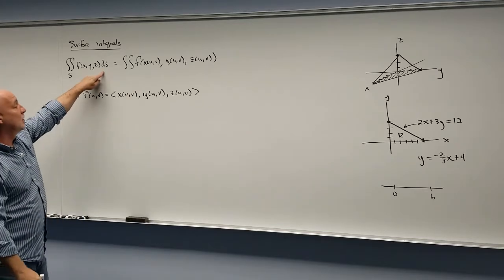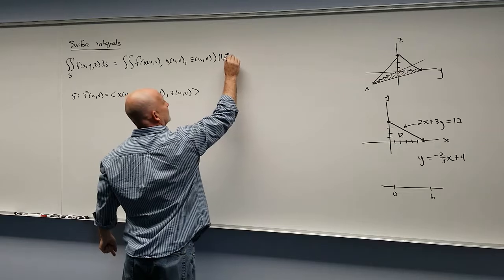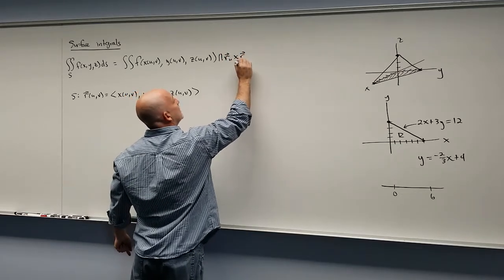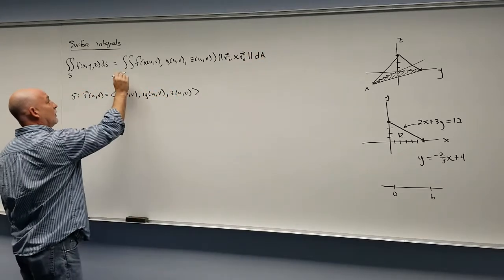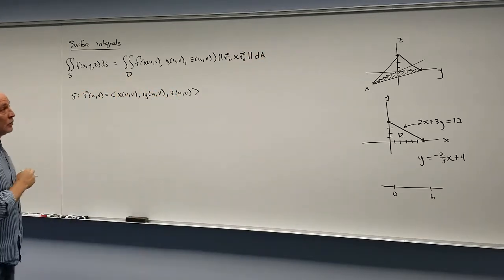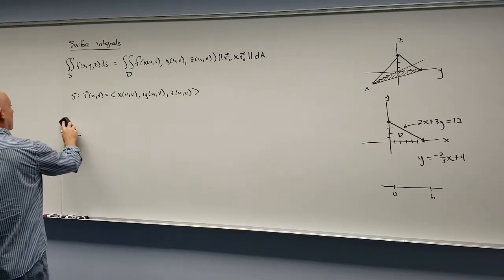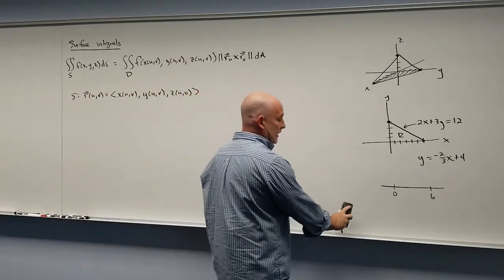And we saw a second ago dS was the magnitude of r sub u cross r sub v dA, where that region you're integrating across is the domain for your u's and v's. All right, so let's take a look at another example. Let's see if we can get it set up.